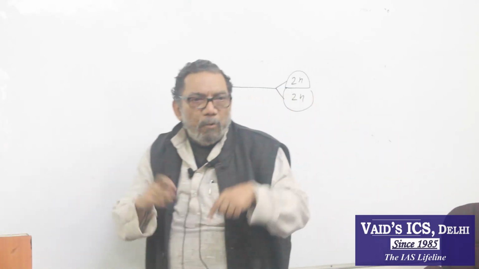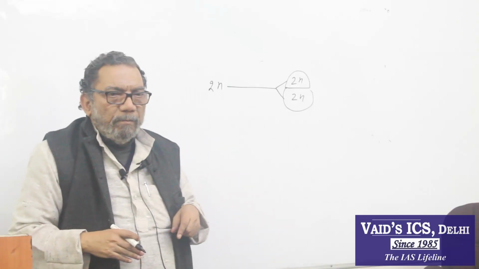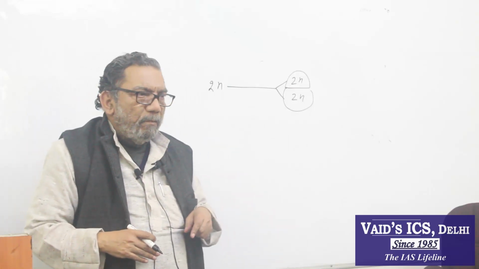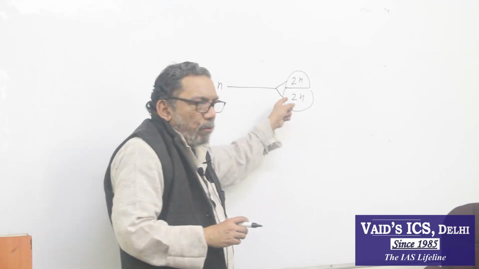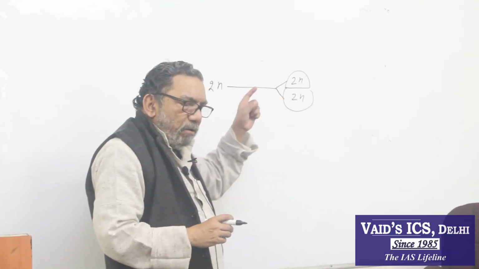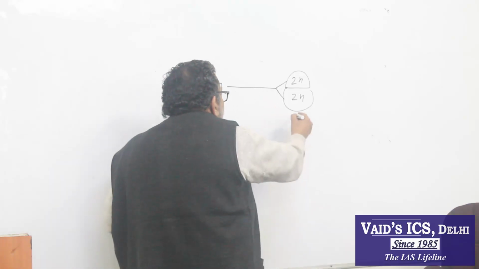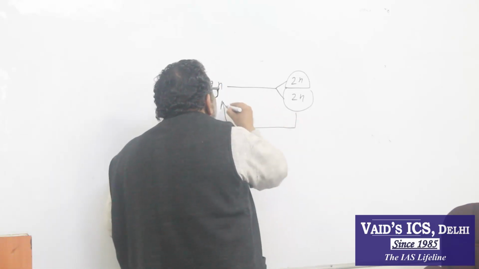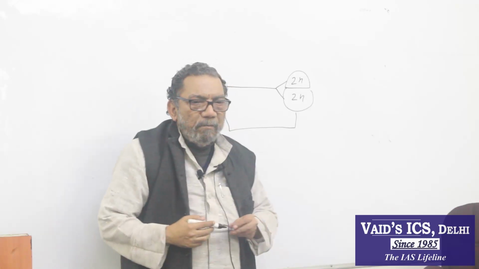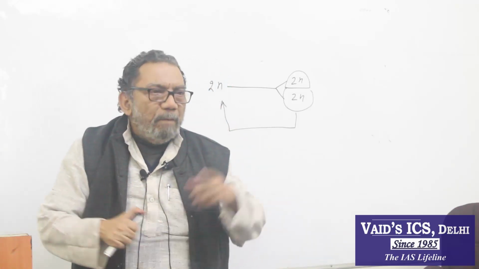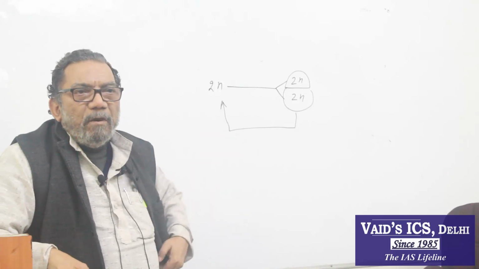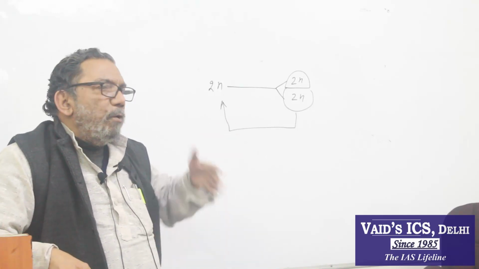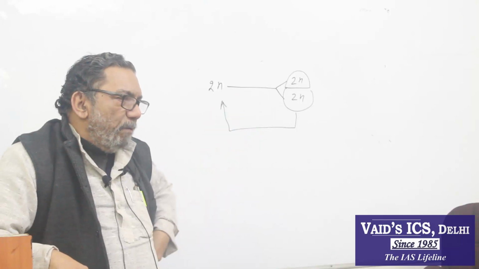A cell divides into 2, so that the daughter cell has the same number of chromosomes originally present in the mother cell. In the mother cell originally 2n, each daughter cell will have 2n. Chromosome number doubles, then there is a split in the middle.